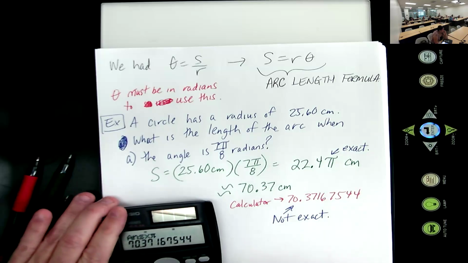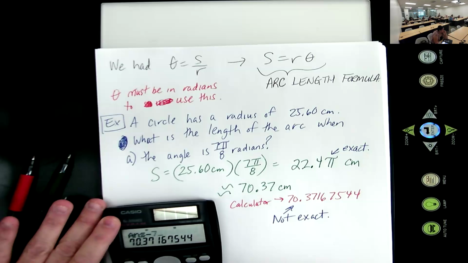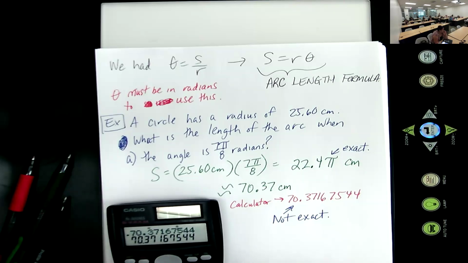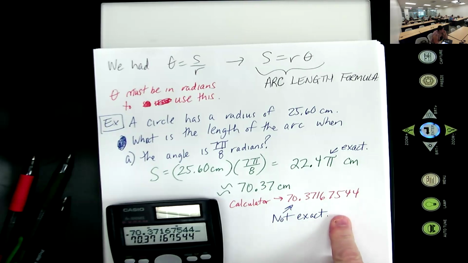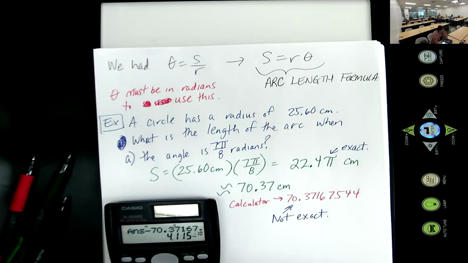I'm going to take that number and subtract 70.37167544. If that was an exact number, subtracting this should give me 0, right? But it doesn't. So this is showing me there are more decimal places after that. The calculator only shows so many. Even computers will only show so many.